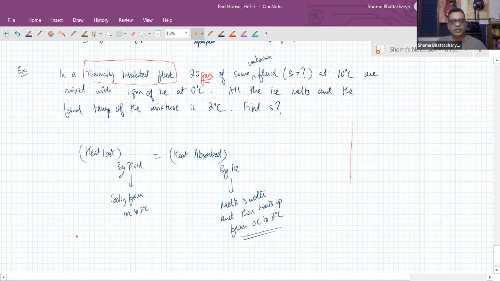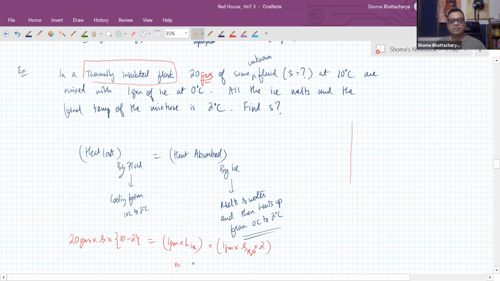Okay. So 20 grams into that unknown specific heat capacity, into the temperature drop, which is 10 minus 2. This should be equal to the heat absorbed by the ice. So that is mass of ice 1 gram multiplied by the latent heat of ice plus mass of the water formed into specific heat capacity of water into the temperature change, which is 2.